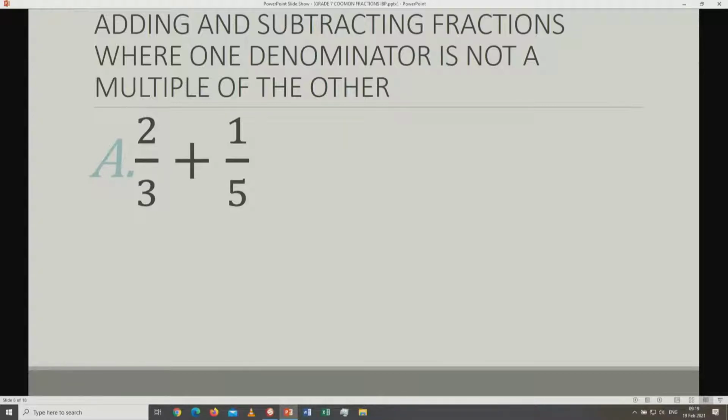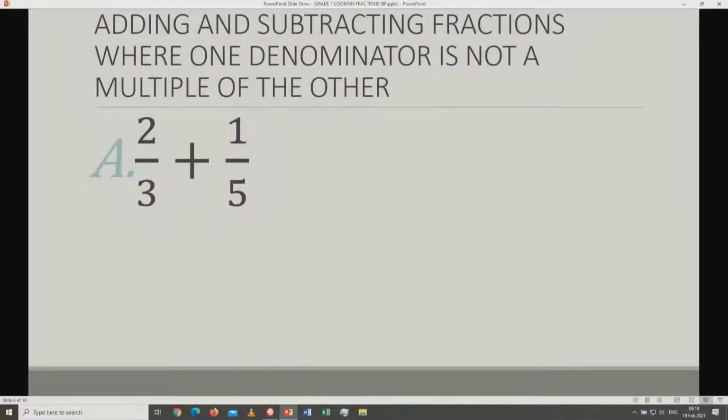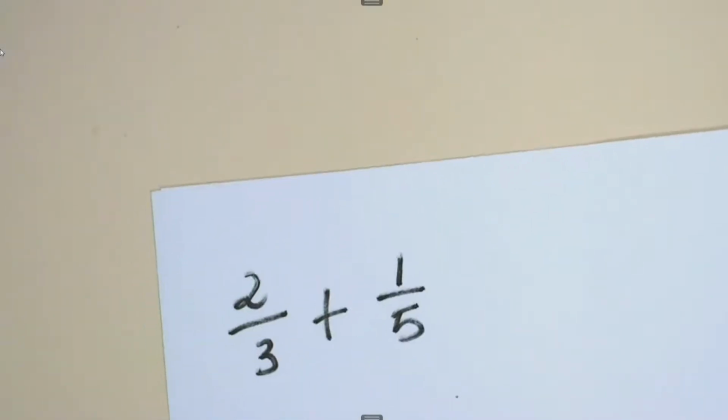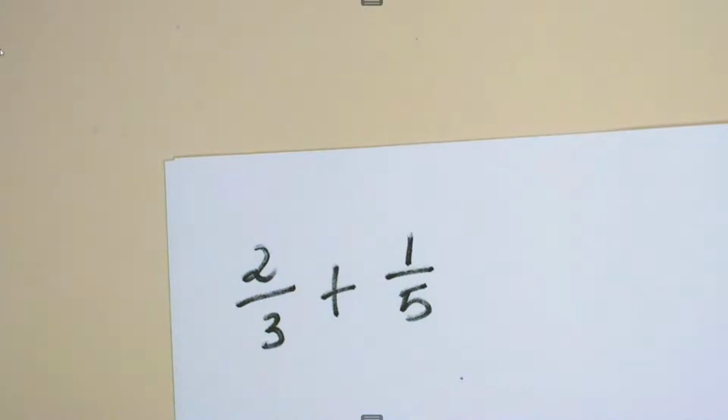Now, let's work it out again the way we did with that one where we were explaining. So we've got 2/3 plus 1/5. Rule number 1 again.